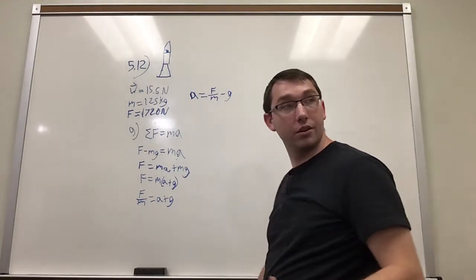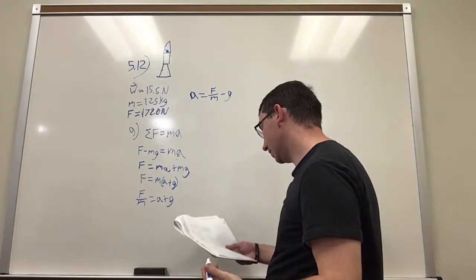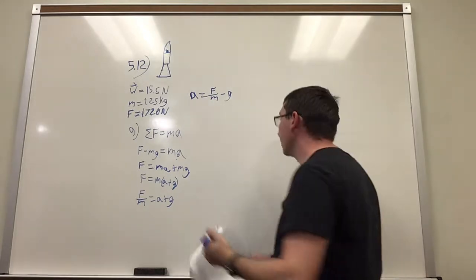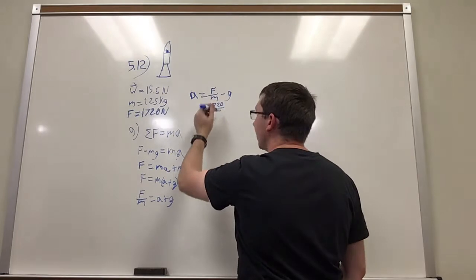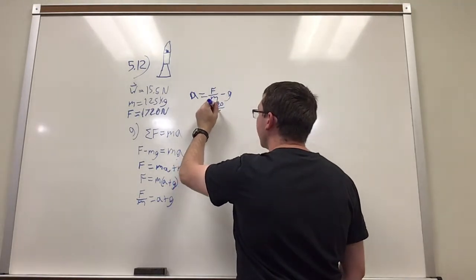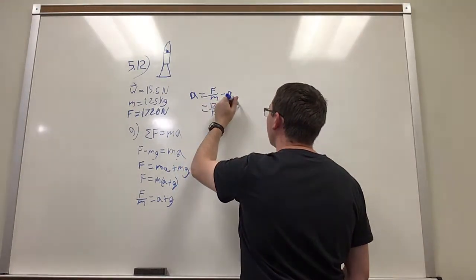So then we'll plug all of your variables in. You got 1,720 divided by 125 minus 9.8.